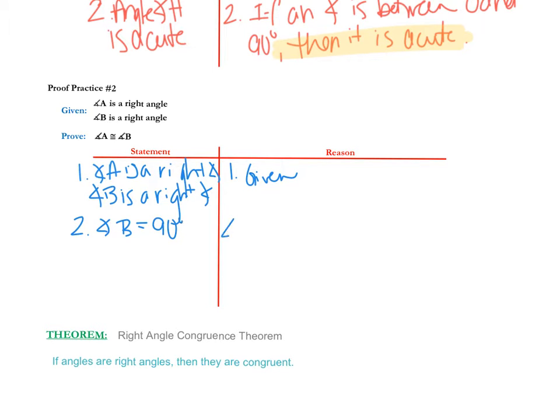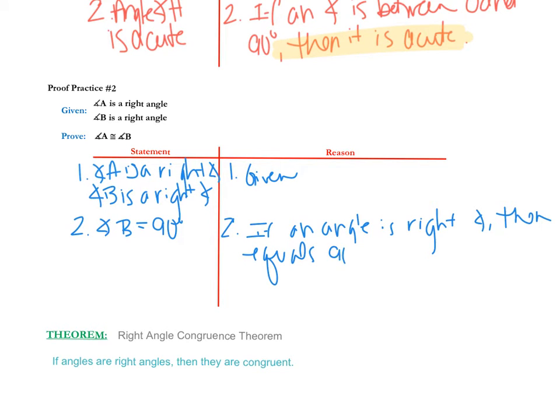I could have started with angle A, it doesn't matter. And the reason being, if an angle is a right angle, then it equals 90 degrees. Okay, but we have to do that for angle A as well.